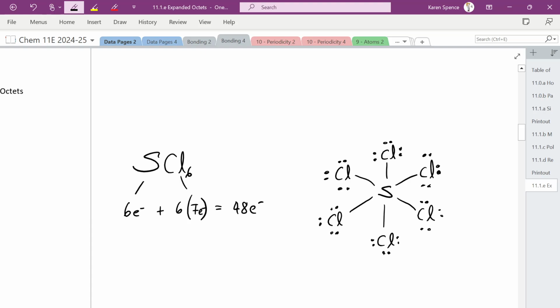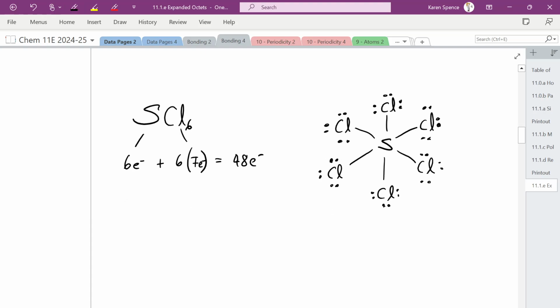And then we count. And this one is a pain to count 1 pair by 1 pair. So I'd probably say I have 6 chlorines with 3 lone pairs each.